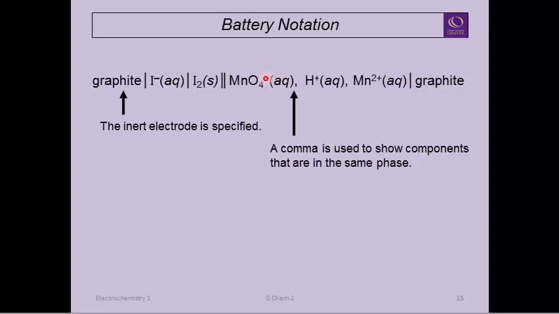They're all aqueous. So we have electroactive species that are the same state, which is solid, liquid, gas, or aqueous. If they're the same, you just separate them by a comma. And once again, these were all in solution, so they are the same state, separated by a comma. But the graphite electrode you dropped in there was a different state. It was solid, so you separate that with the single line. And then once again, the double line is what separates the two half cells from each other.